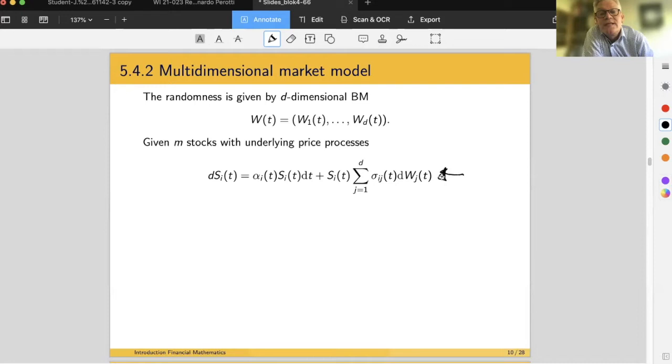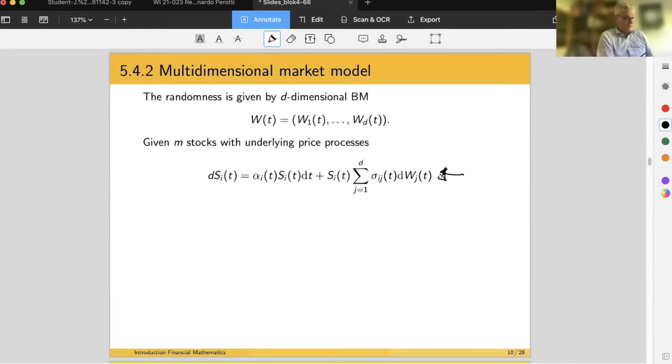So this is the underlying price process for each i, where i runs from 1 to M. So these are M equations, where d Brownian motions play a role in this sum.